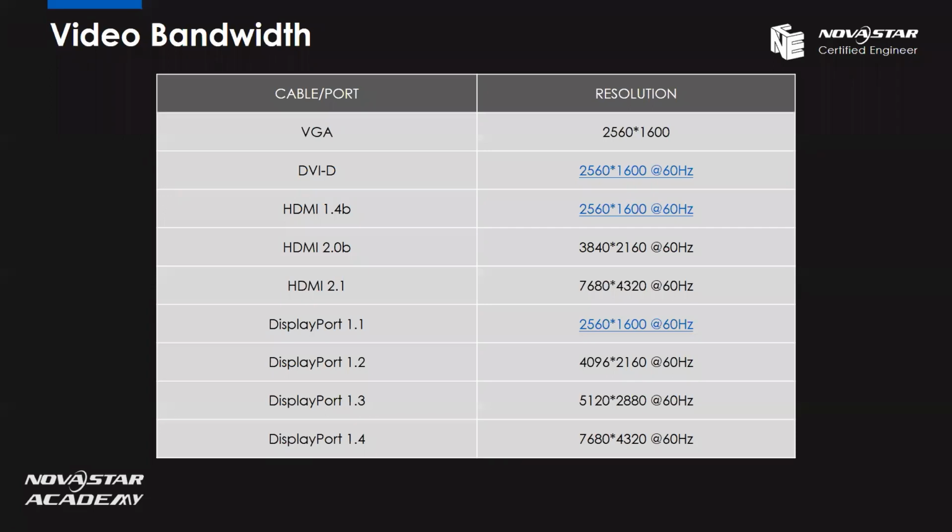If you want to build an LED screen, the limit the control system can load depends on the lowest bandwidth of all your video signal channels. From this chart, we will show you some common standard video signal bandwidths.